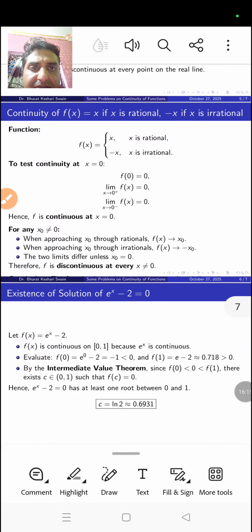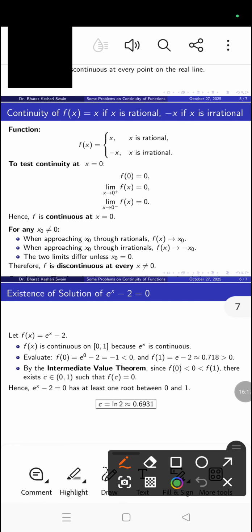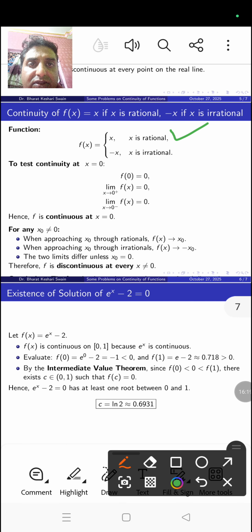What is the function? If x is rational, then it will be x, and if x is irrational, then it is minus x. Okay, so if you check again the continuity of this function at x equal to 0, at 0 it will be continuous. How?